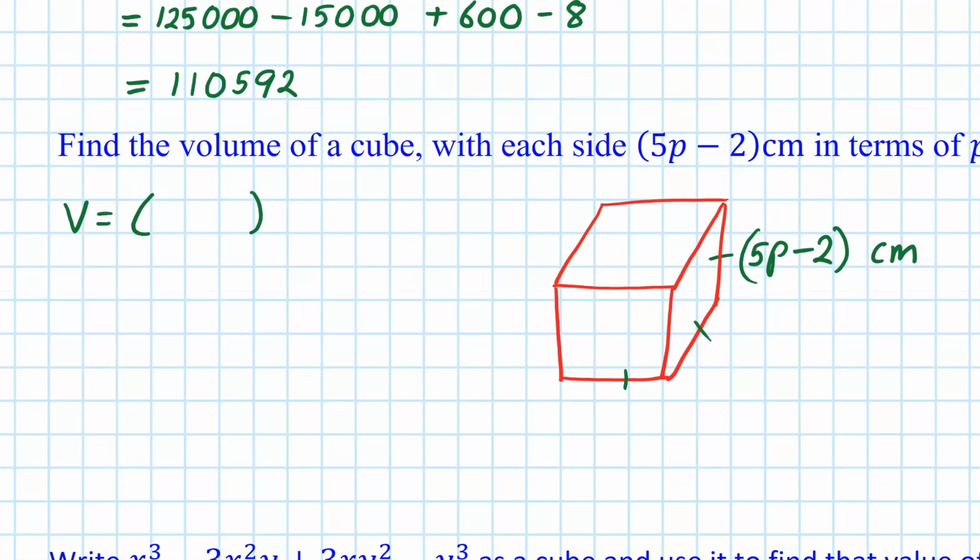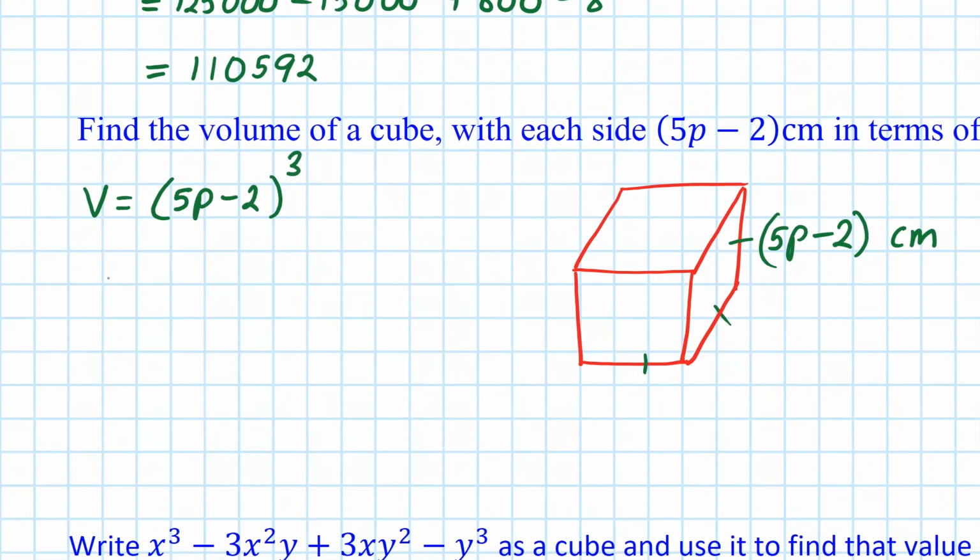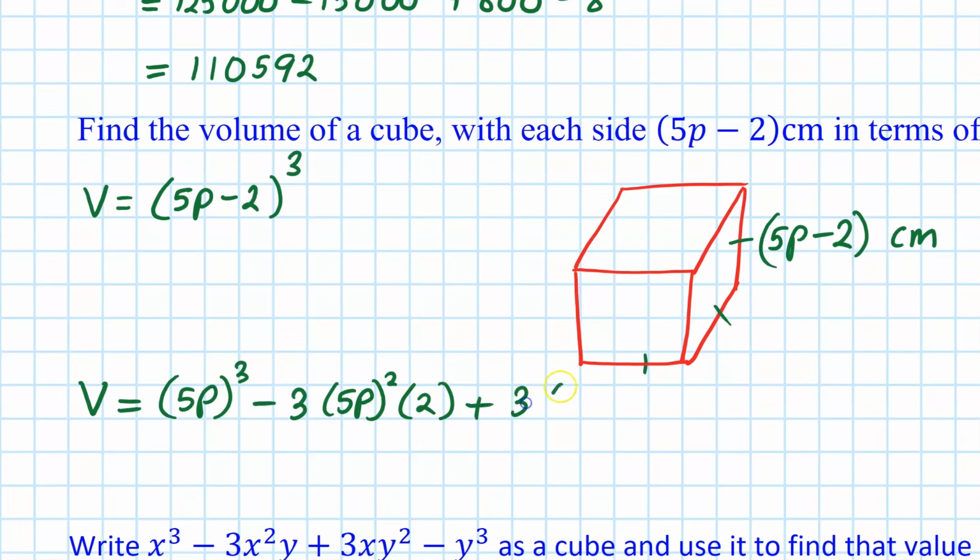So we get an expression for volume. If the side was simply x, the volume is x cubed. Now in this case, length is 5p minus 2. Now we are going to expand that. Let me write the answer here. (5p) cubed minus 3 times (5p) squared times 2, that's your y, plus 3 times x, which is 5p, as in the expression, and then you have 2 squared, minus 2 cubed.